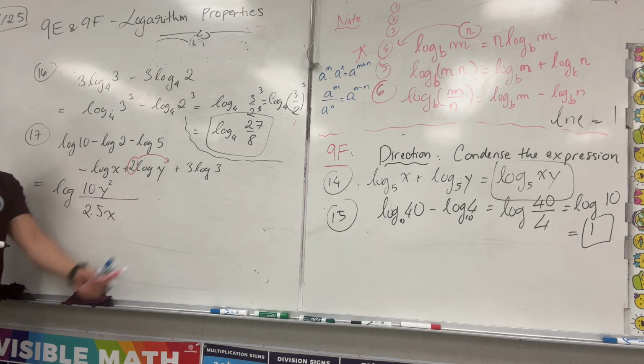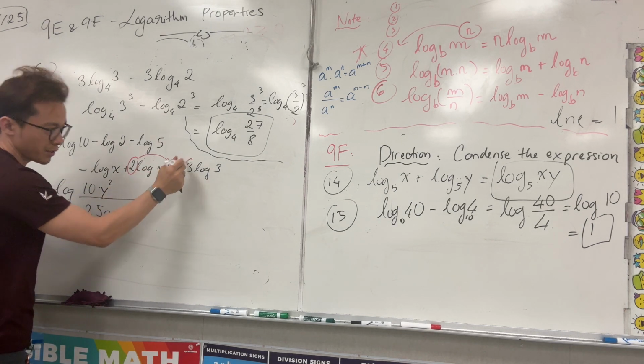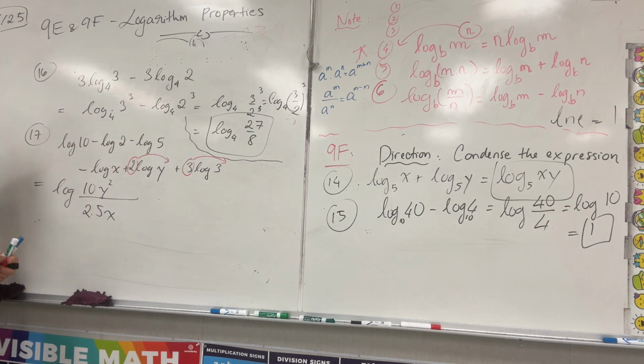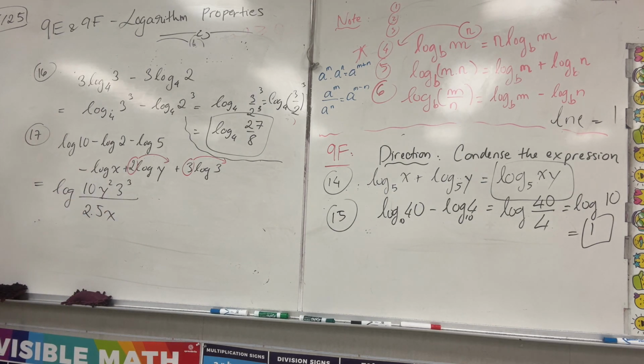And then, cube root. What did you do over here? You do the same thing with this: 3 to the power 3, because you put back the power. That's the concept. Whenever you see the negative, put it on the bottom. You see the plus, put it on the top. All right, let's give Isabel 1 point.